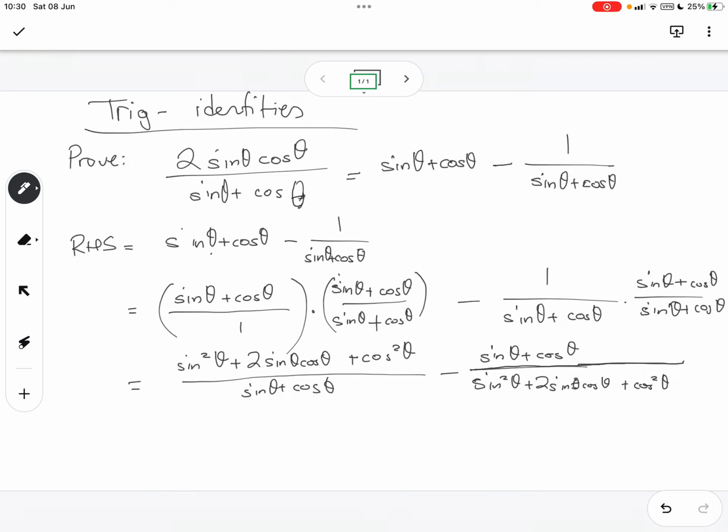Do you see how this was derived? How was it worked out?